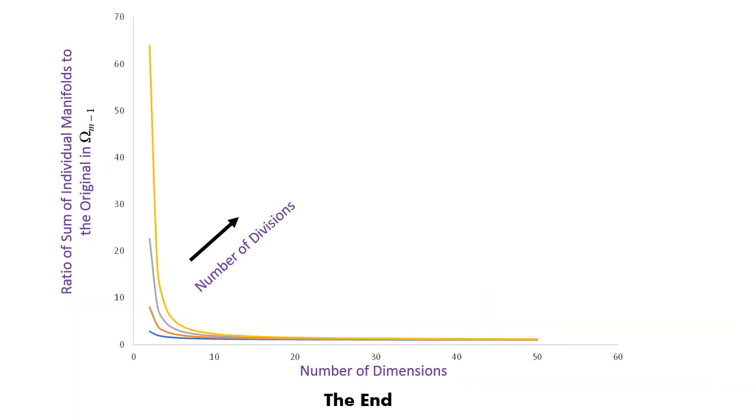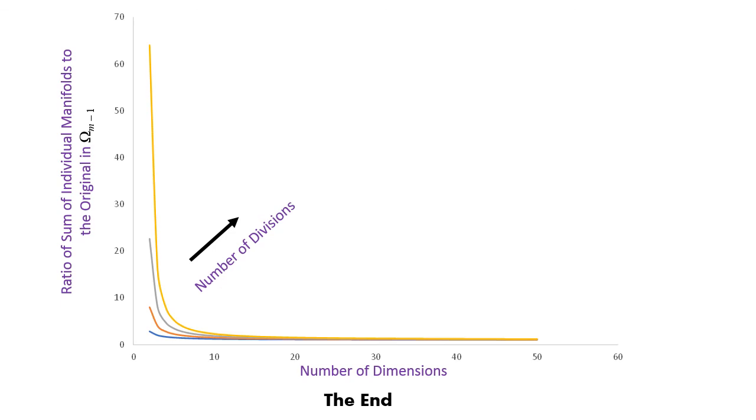But this is a simple graphical illustration for the previous result. You have got an axis, this is the number of dimensions, for example, here 2, 3, 4, and then it can go wherever you want. And this is the ratio of the sum of the individual manifolds to the original, which is omega m minus 1.